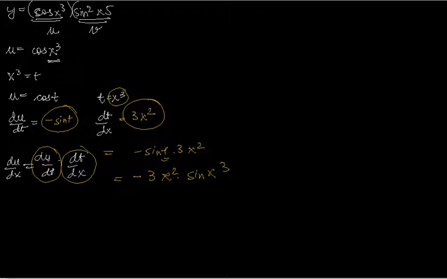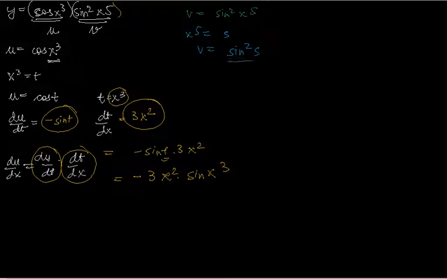Now you have sine square x to the power of 5. So you have v, which is equal to sine square x to the power 5. So you will assume x to the power 5 is equal to s. So you can write your v is equal to sine square s.